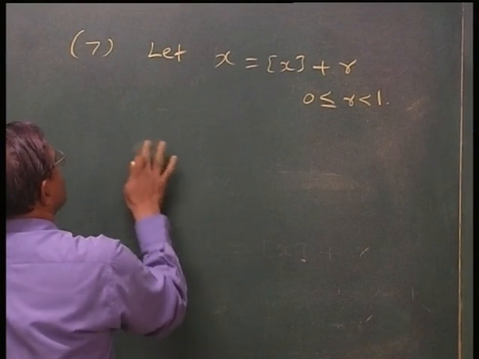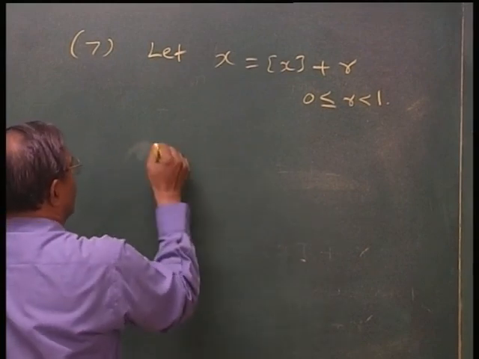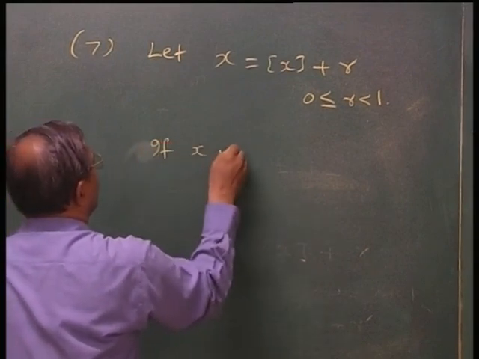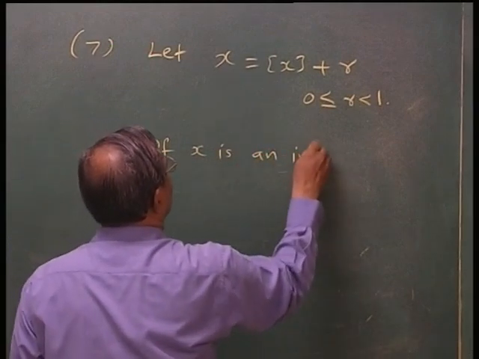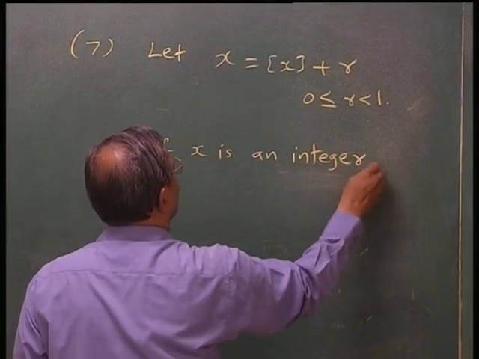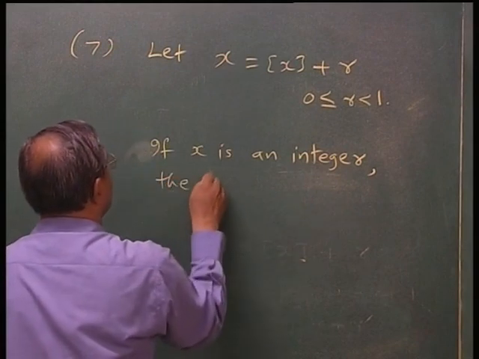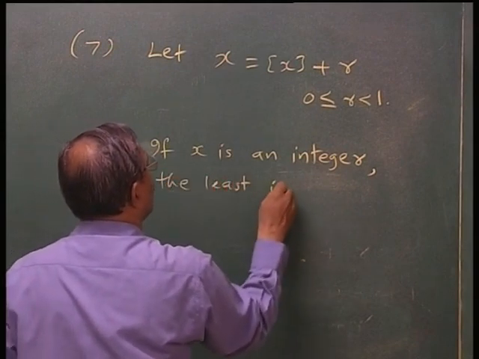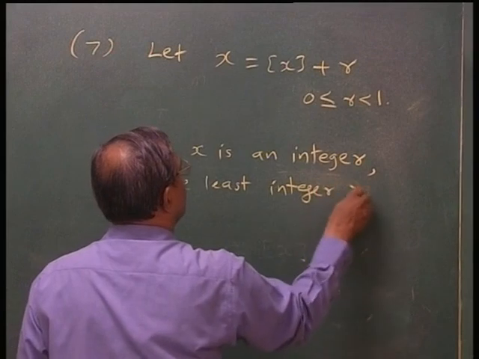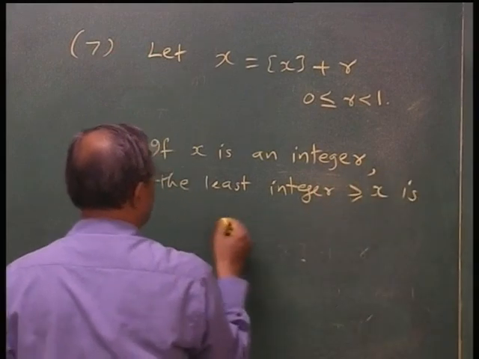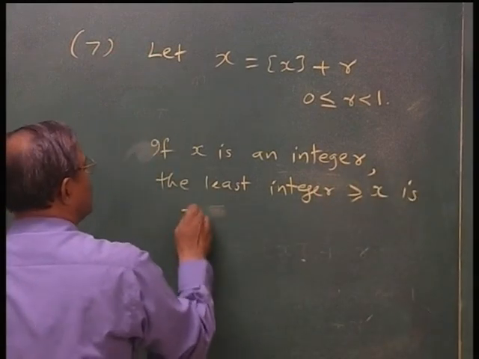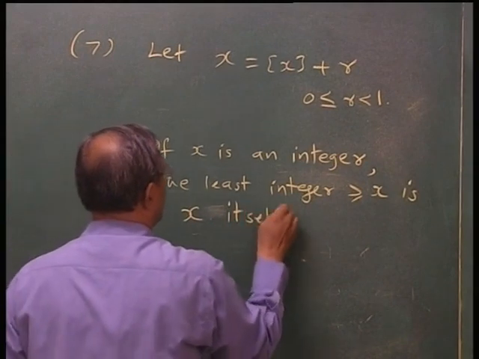Then if x is an integer, the least integer bigger or equal to x is x itself.